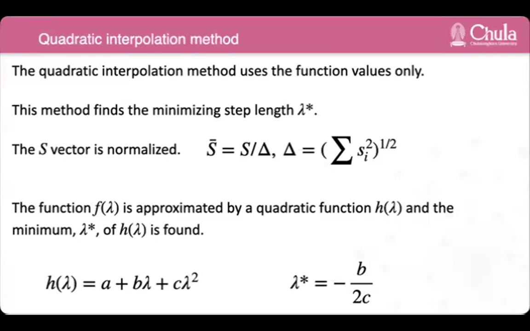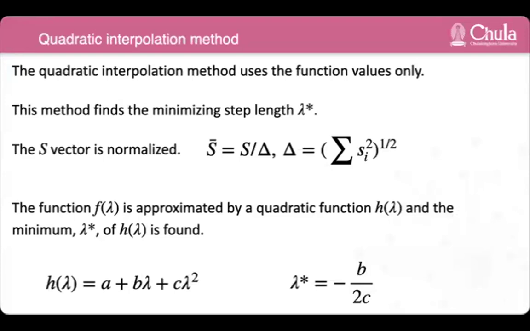The minimum point is always at minus b over 2c. So if your objective function is an exact quadratic function, you will get the solution in one iteration. But if it's not, of course, you may need multiple iterations.